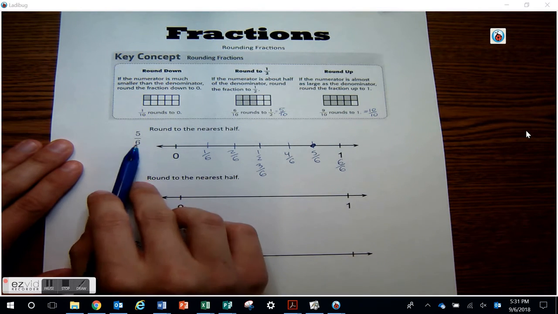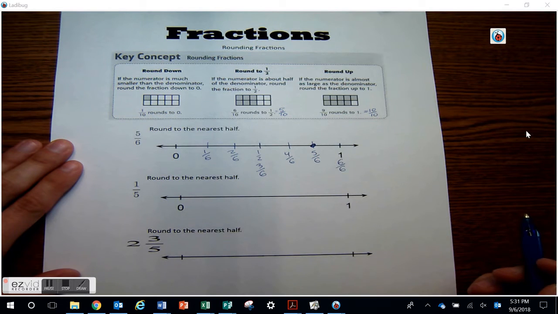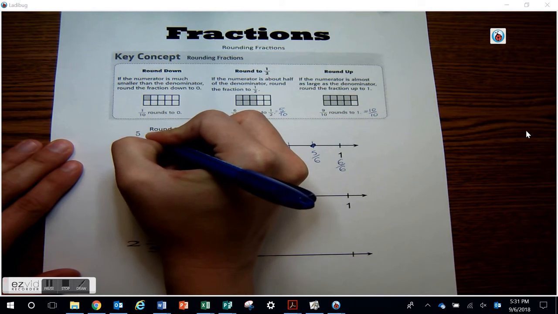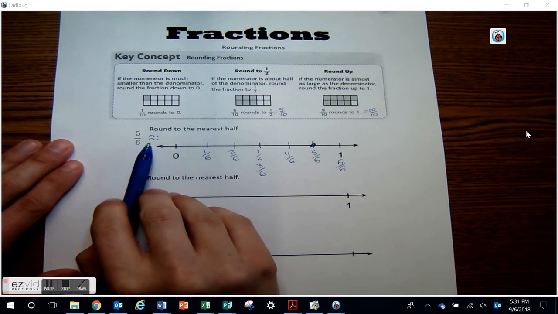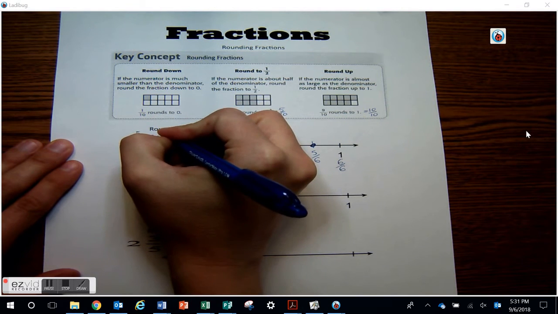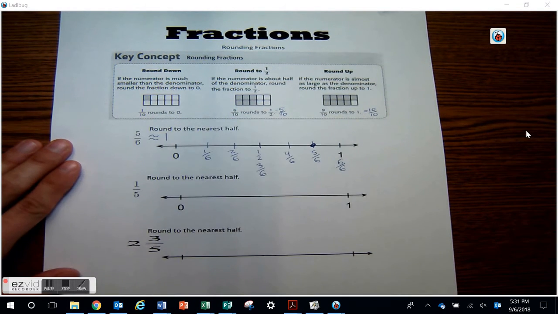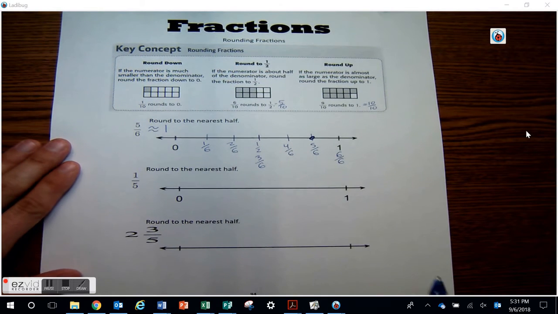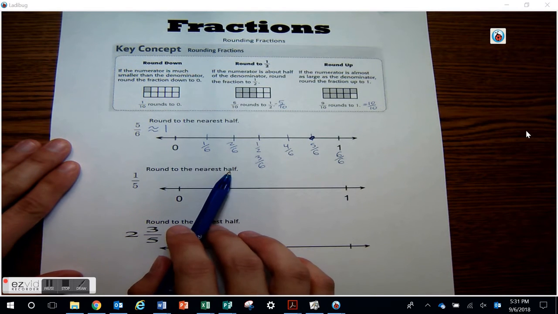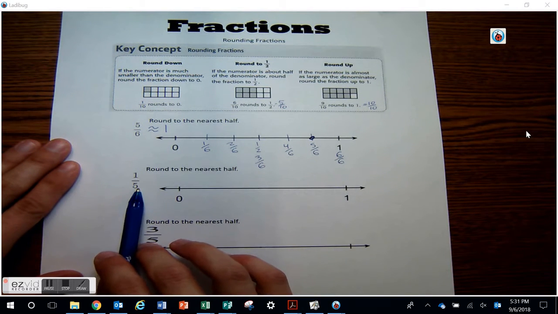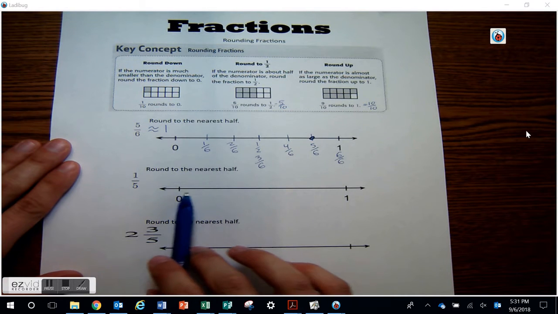I see there are no tick marks in between 5/6 and 1, but there is one in between 5/6 and 1/2. So I'm going to round 5/6 up to 1 whole. I'm going to say it's about, or approximately, using these symbols, 1 whole.